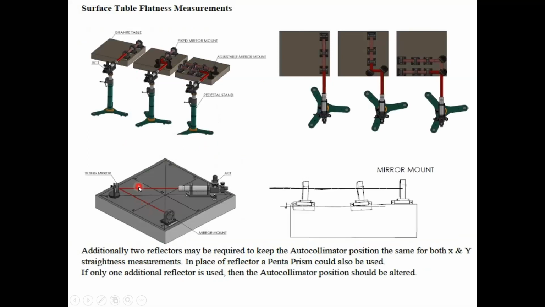The surface table is a purely horizontal, smooth surface used as a reference. That also can be checked by using this autocollimator. Surface table flatness measurement can also be done by using autocollimators. Here in one direction you take readings, and in the other direction you take readings.